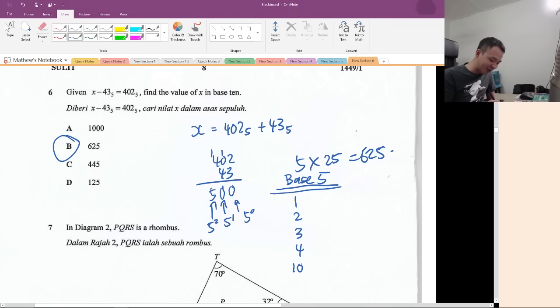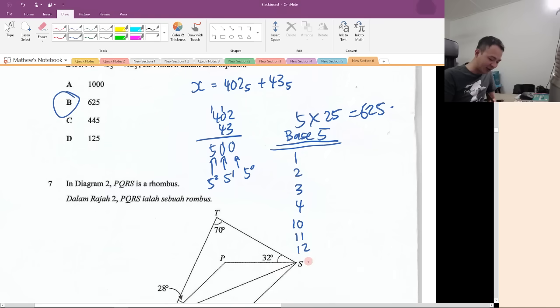Then we go to 11, 12, 13, 14, then we go to 20. This is what happens in base 5, because in base 5 you will not have 5, 6, 7, 8 in your number.